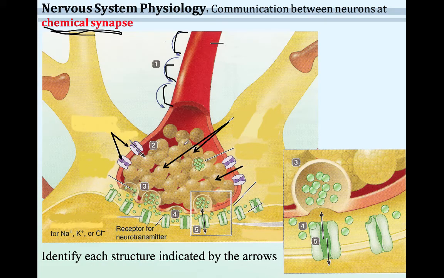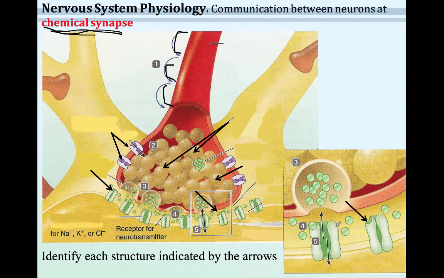They're little bubbles, just like little tiny soap bubbles, because they're made up of phospholipid, so they're a little bit soapy and oily as well. Here you can see we've opened up a few so that you can see the neurotransmitter inside there. The neurotransmitter is going to move across and bind with the receptor.